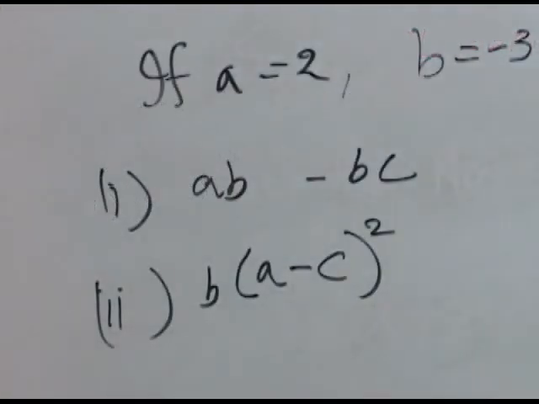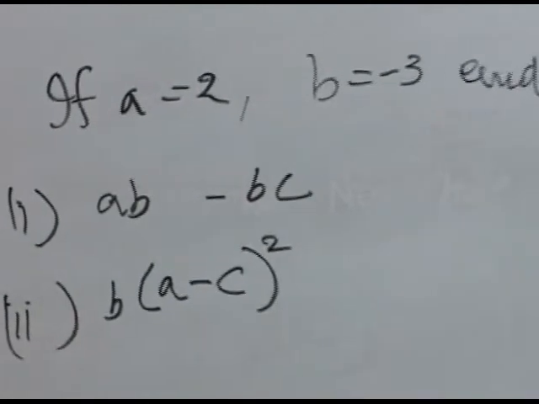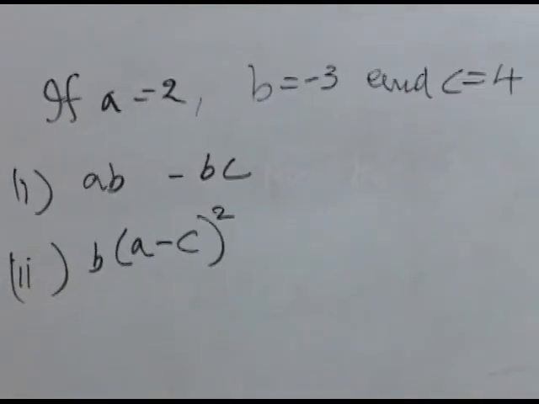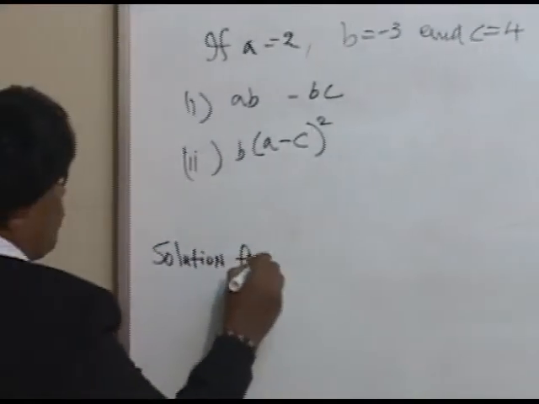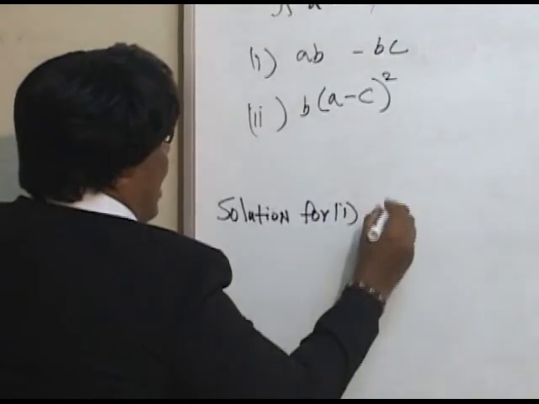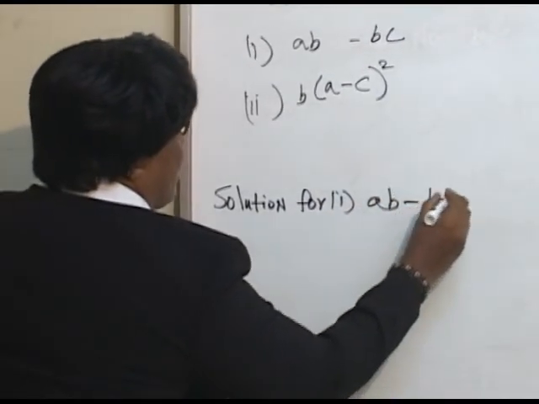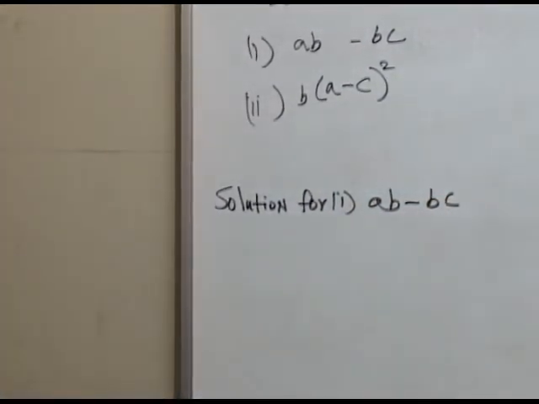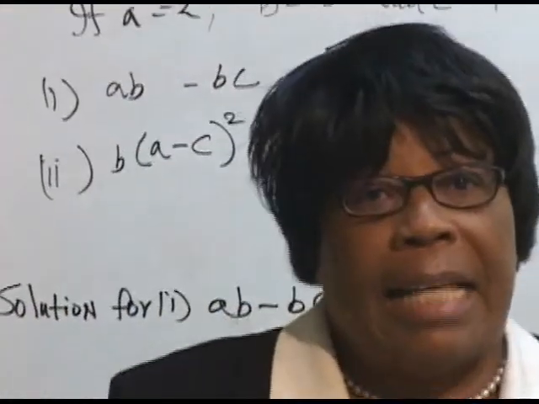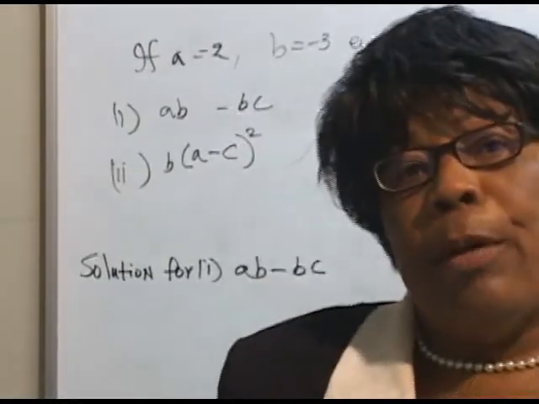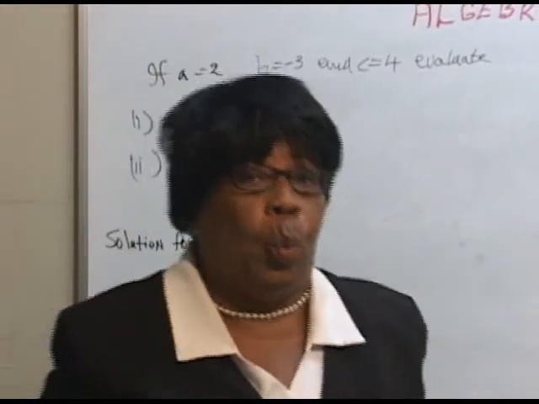Let us look at the first one. If A is equal to 2 and B is equal to negative 3 and C is equal to 4, we are evaluating, so solution, we're finding the solution for AB minus BC. What does it mean? It means wherever we have A in this algebraic expression, we're going to replace it with the number 2.